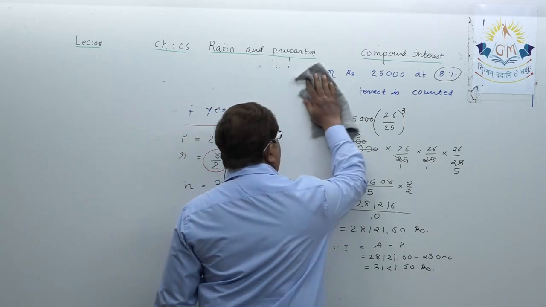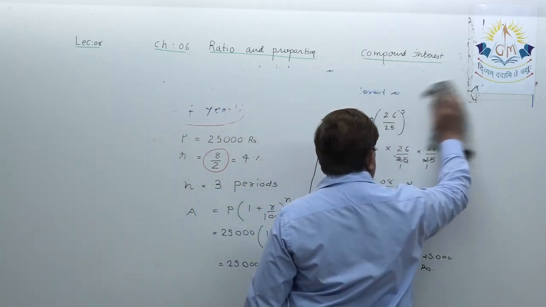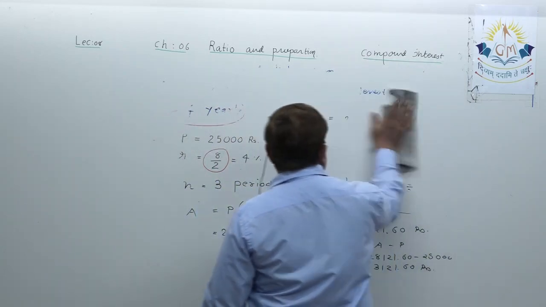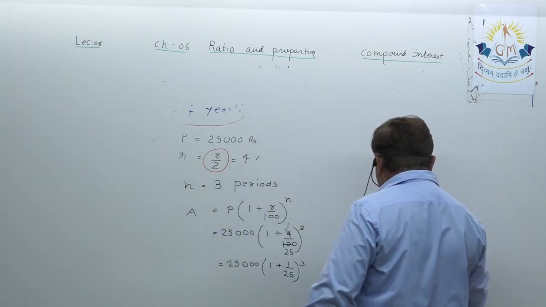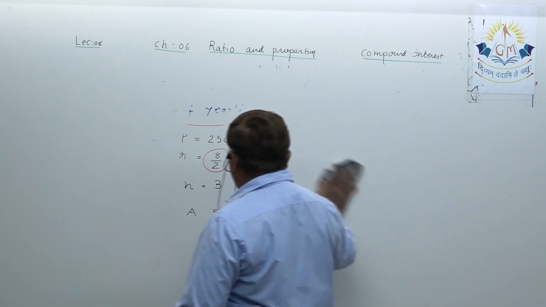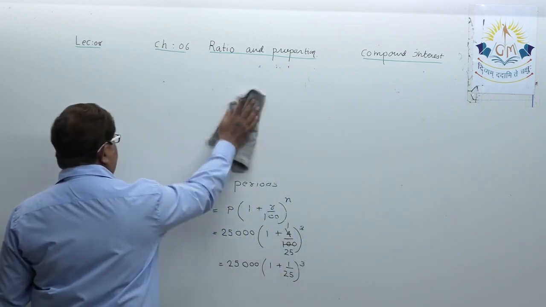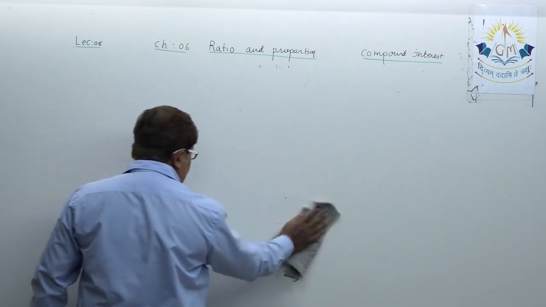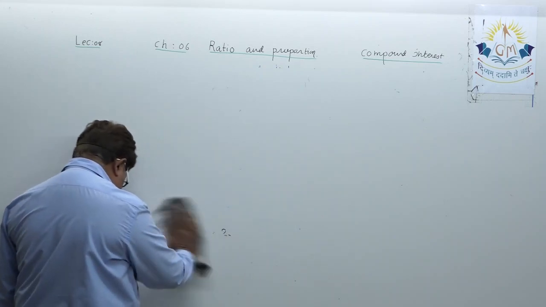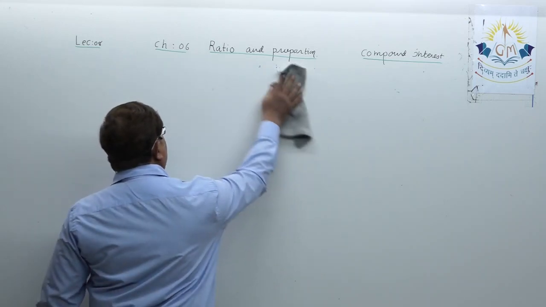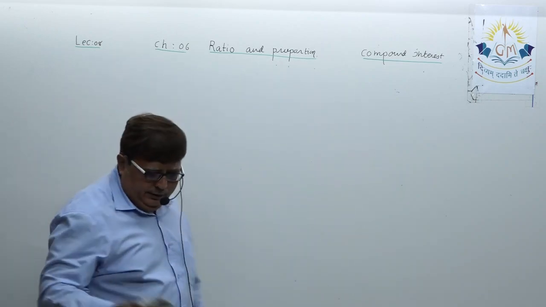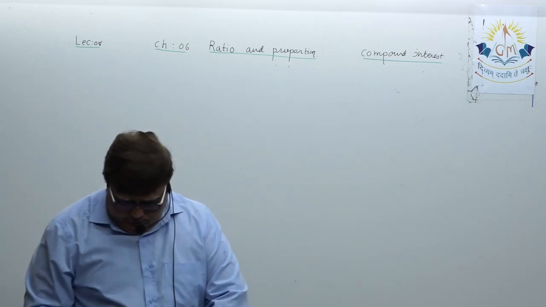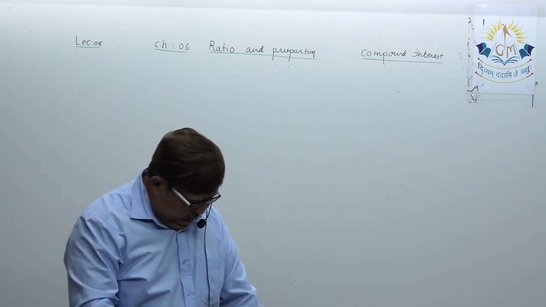Example number 2, where also you are going to count interest half yearly, that is, the period of 6 monthly. Let us note down the example.